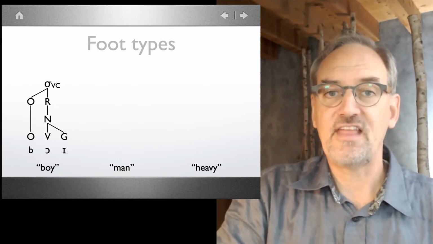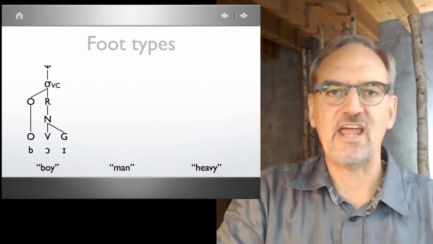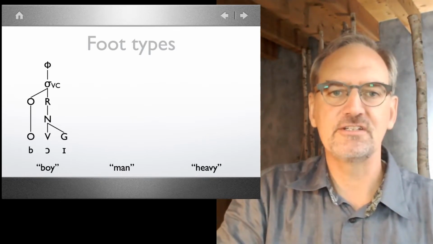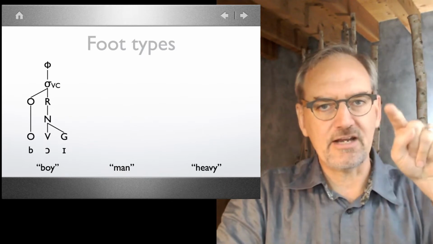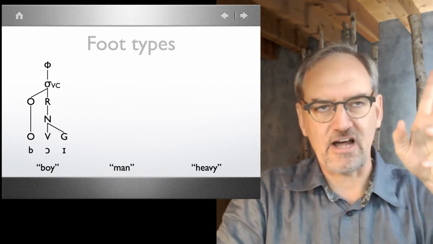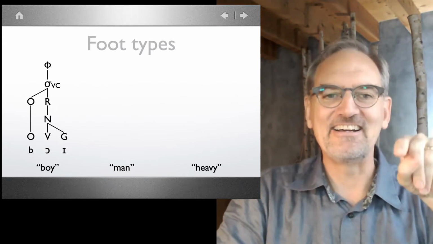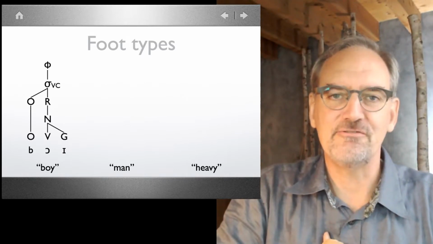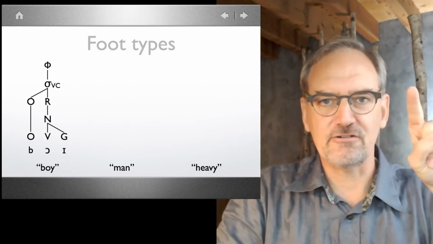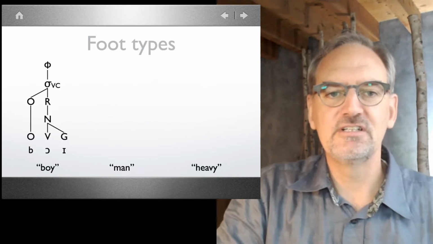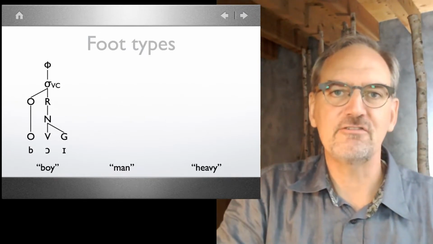Okay? Now, that syllable forms a one-syllable foot. And here we use the Greek letter phi to represent the foot. This particular foot has just one syllable, so we call it a monosyllabic foot.